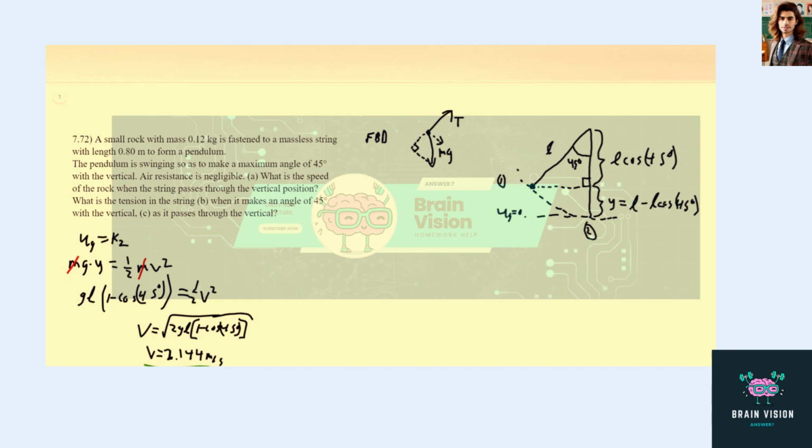That is the same thing we've done before with the cosine of the 45-degree angle. We write our sum of forces: mg cosine of 45 is equal to tension, and that's equal to 0.83 newtons.